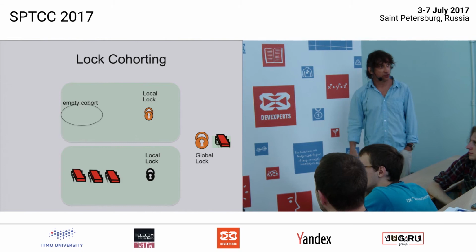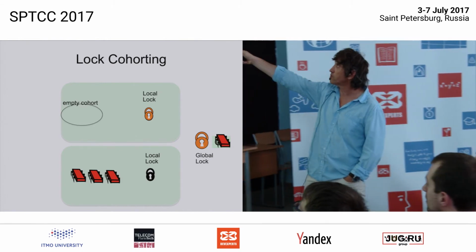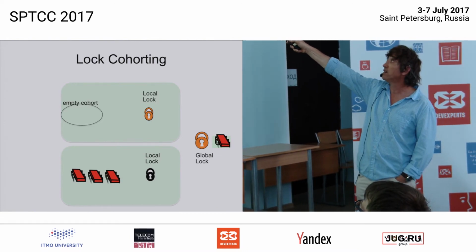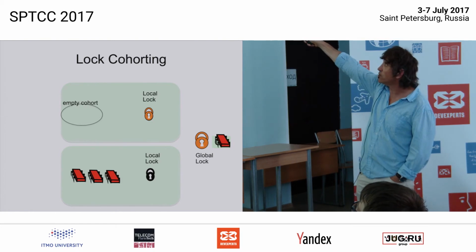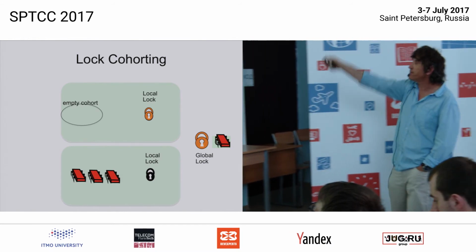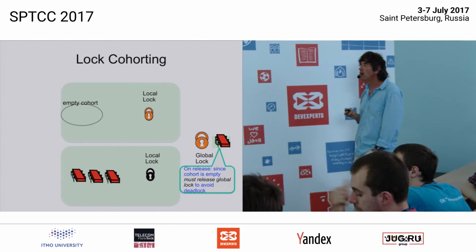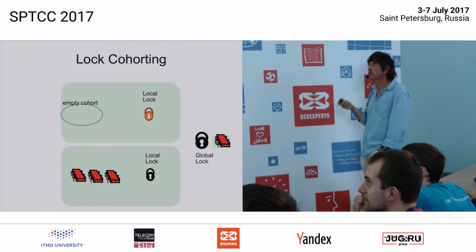If he just released the local lock, then the global lock would be stuck and no one would be here to continue into the critical section. So if the cohort is empty, he releases the global lock and then the local lock to avoid deadlock.